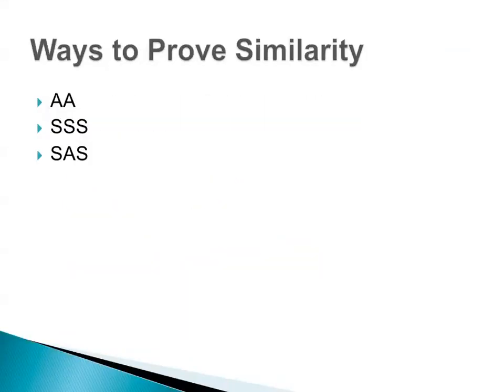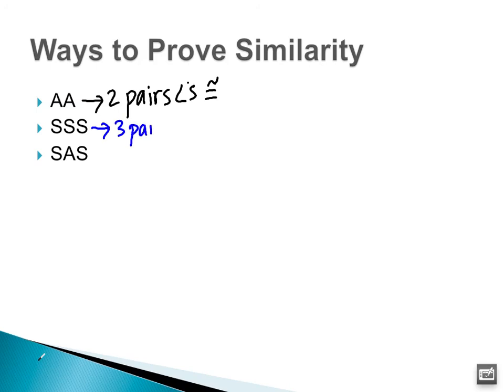Quick review before we end. We know 3 ways to prove similarity now. AA, which is showing that 2 pairs of angles are congruent. We have SSS similarity, which is showing that 3 pairs of sides are proportional. Remember that it has to be all 3 sides are proportional.